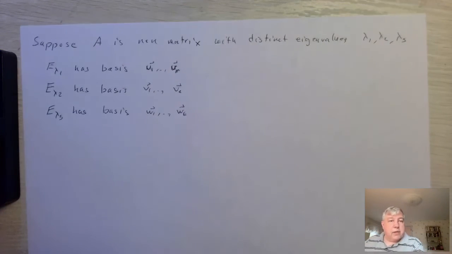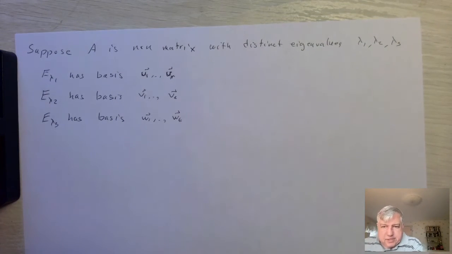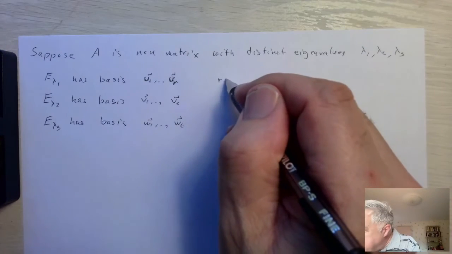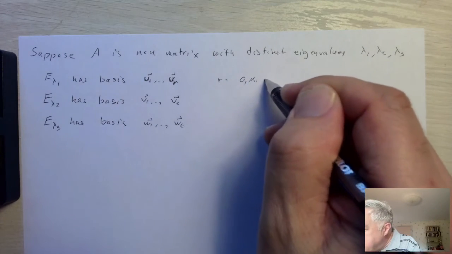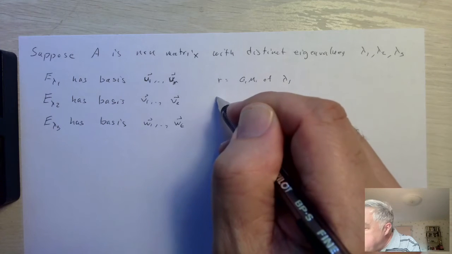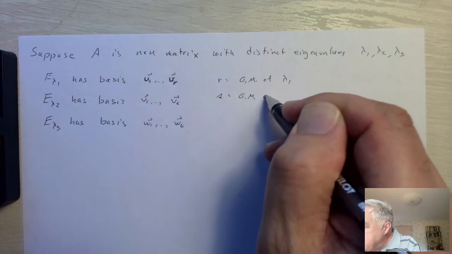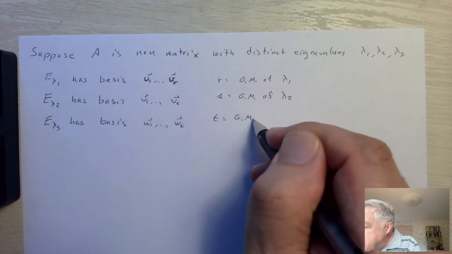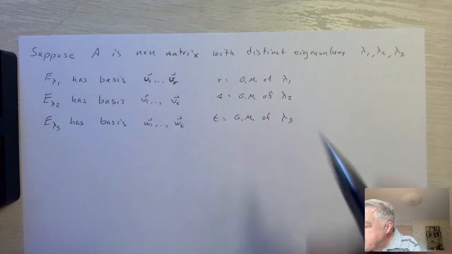Every subspace has a basis, so we're good here. And this says that R is the geometric multiplicity of lambda 1, S is the geometric multiplicity of lambda 2, and T is the geometric multiplicity of lambda 3.